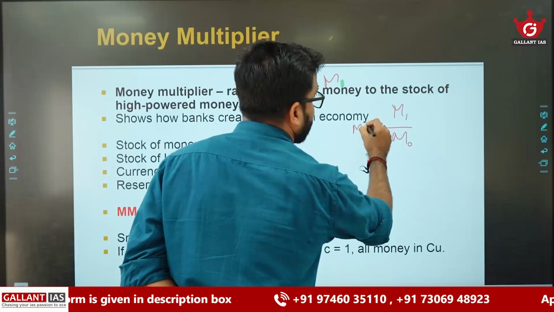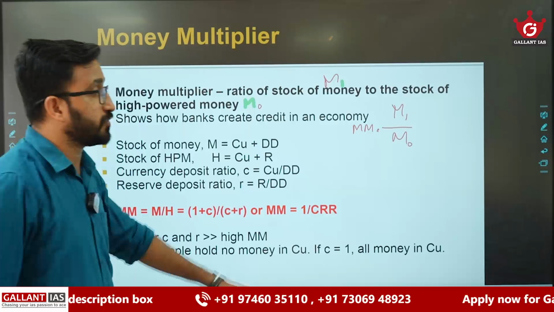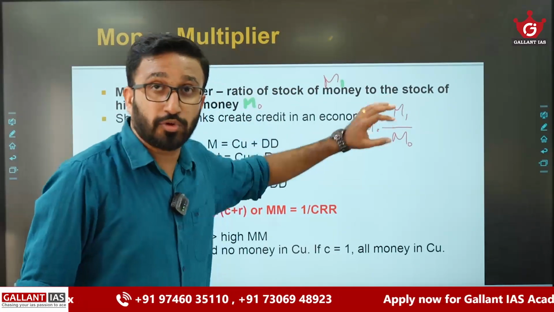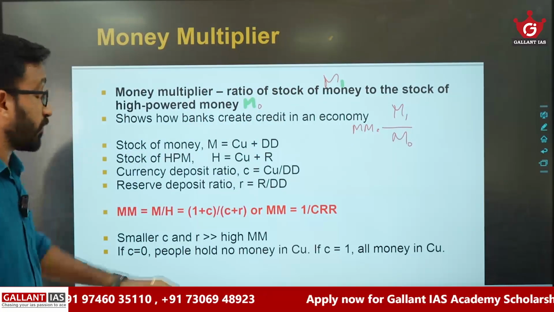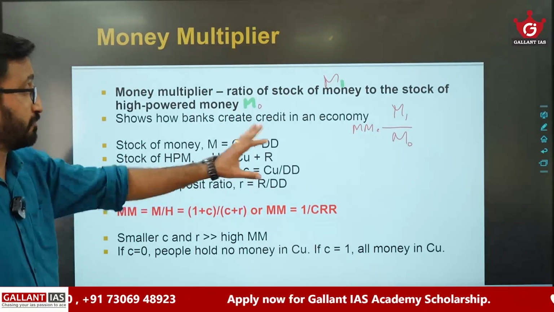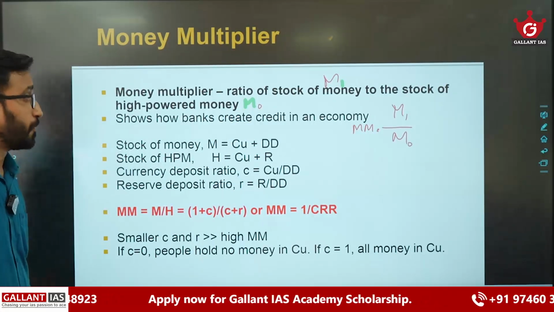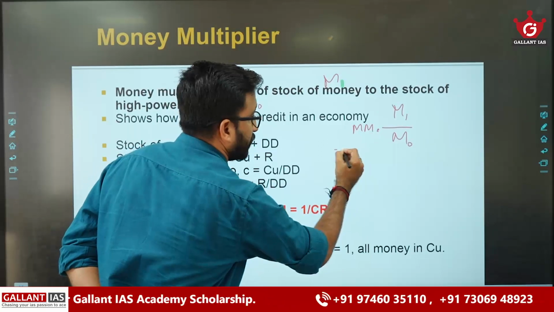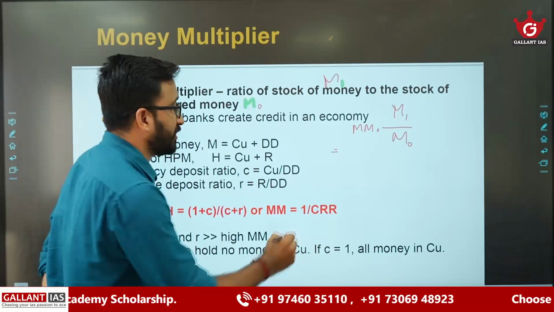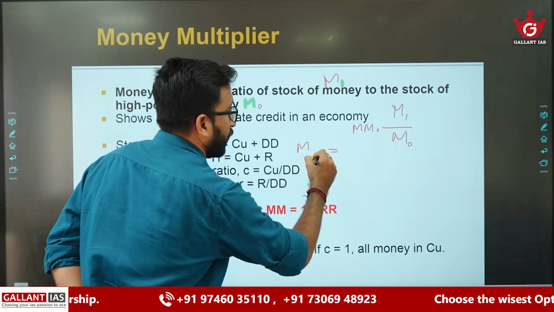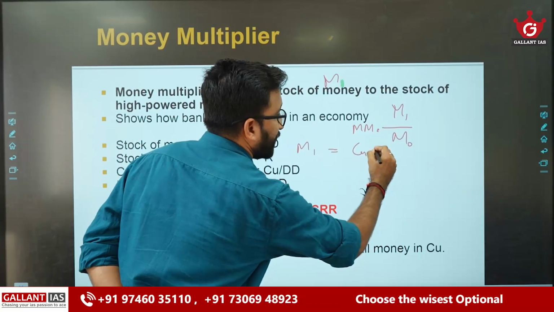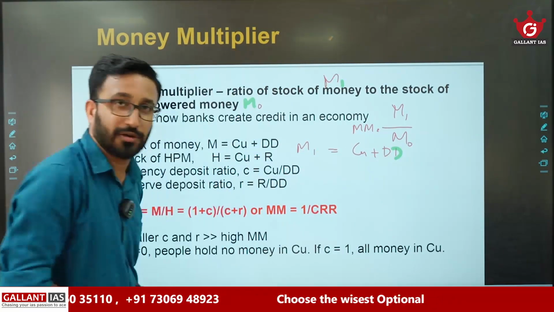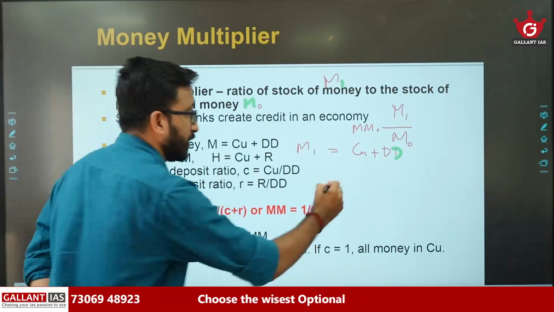Money multiplier is equal to the ratio of stock of money, that is M1, to the stock of high powered money, which is M0. Let us go through some mathematical calculations. What is M1? M1 means currency plus demand deposit.